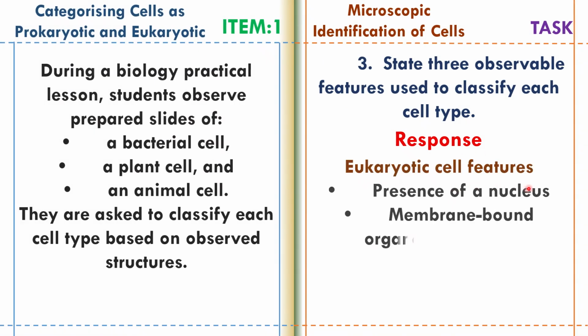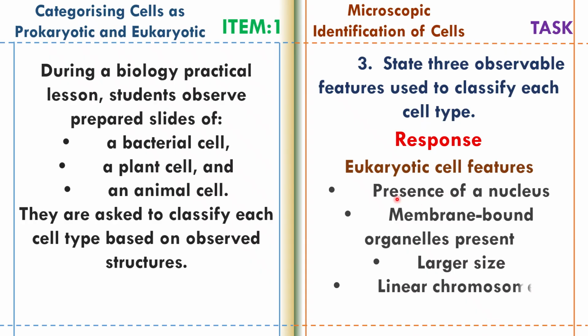Eukaryotic cell features: presence of a nucleus, membrane-bound organelles present, larger size, and linear chromosomes.